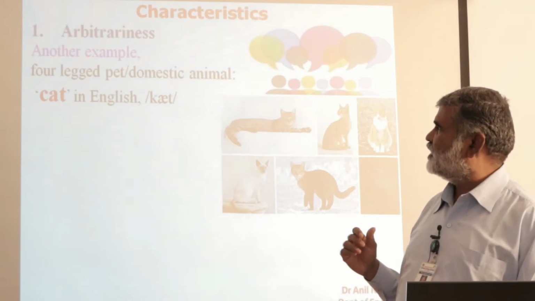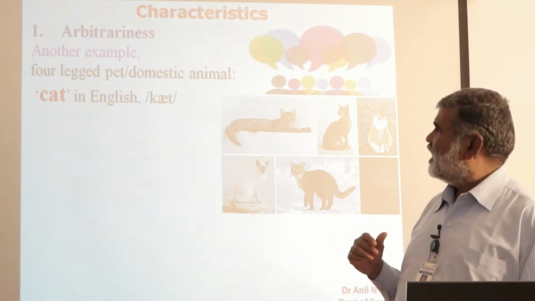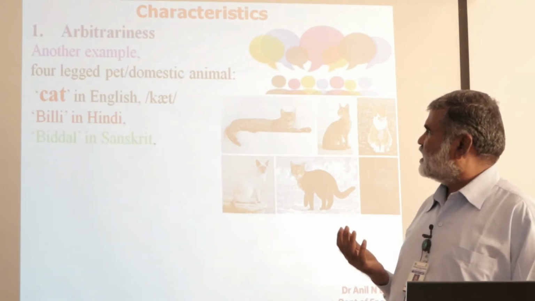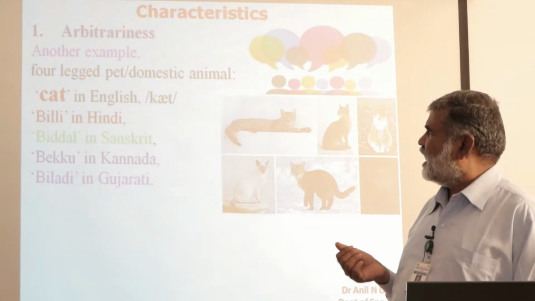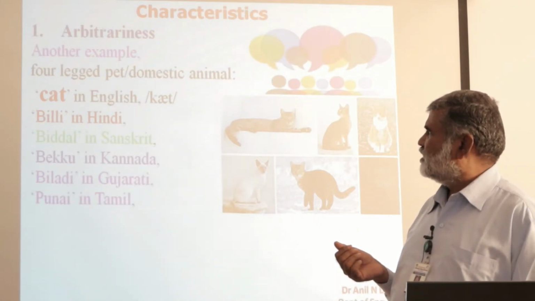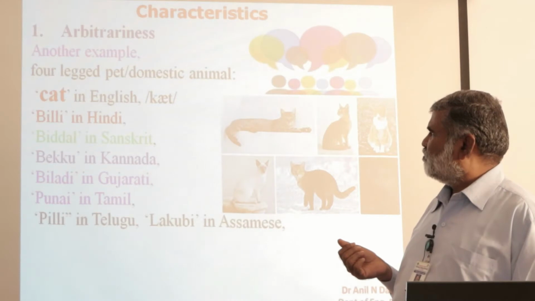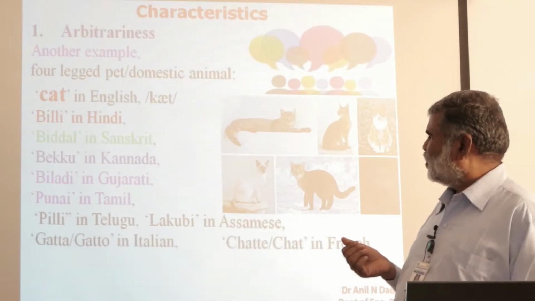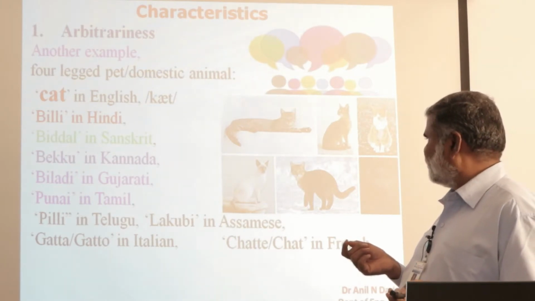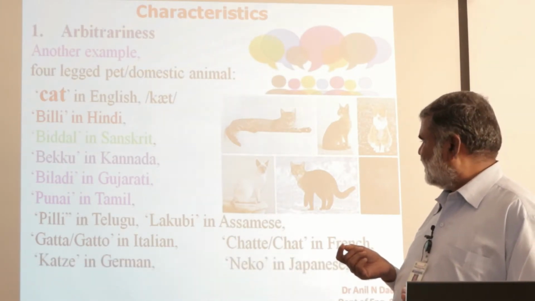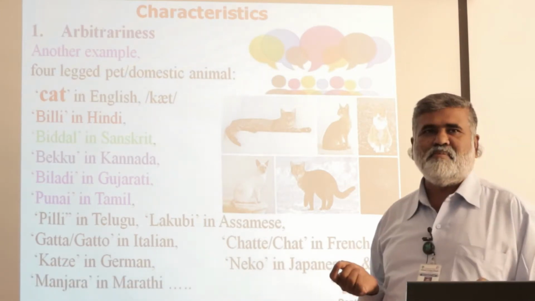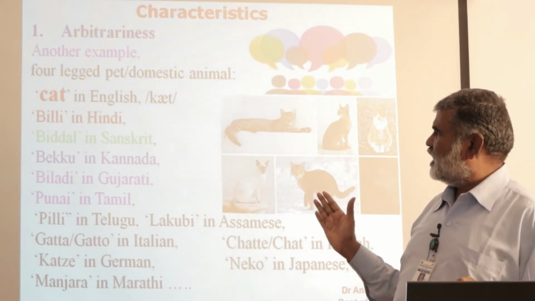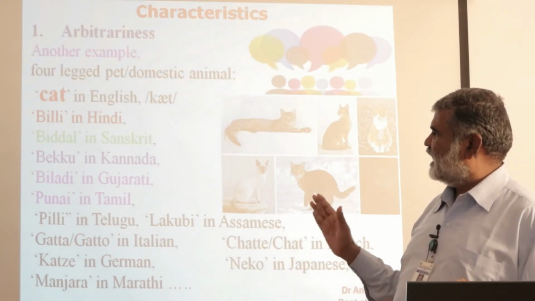And billi in Hindi, bidal in Sanskrit, bekku in Kannada, biladi in Gujarati, punai in Tamil, pilli in Telugu, lakubi in Assamese, gata and gato in Italian, chate and chat in French, kaje in German, neko in Japanese, and manjar in Marathi. Even here, gata and gato are female and male.